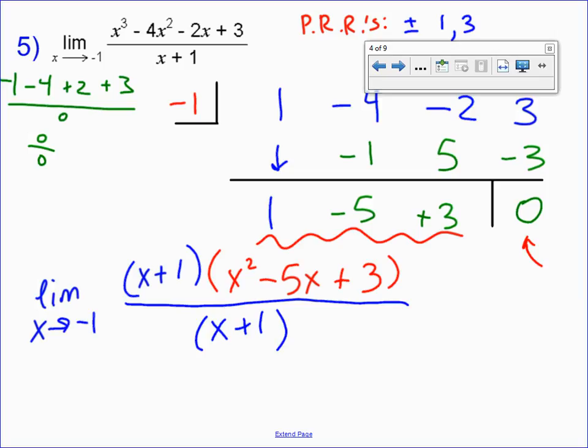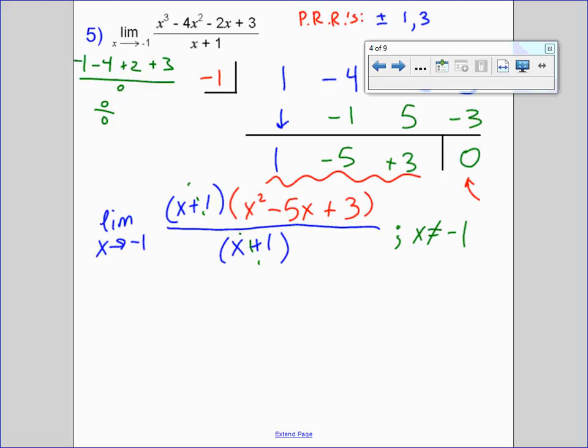Because we're evaluating a limit where we're not concerned with the value of the expression at x equals -1, in fact x doesn't equal -1, we can cancel out these common factors. Go gadget term, and we're left with the limit as x approaches -1 of x squared minus 5x plus 3.